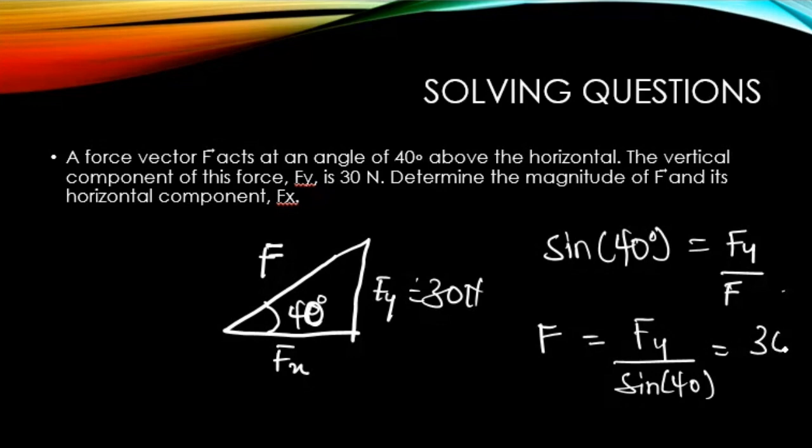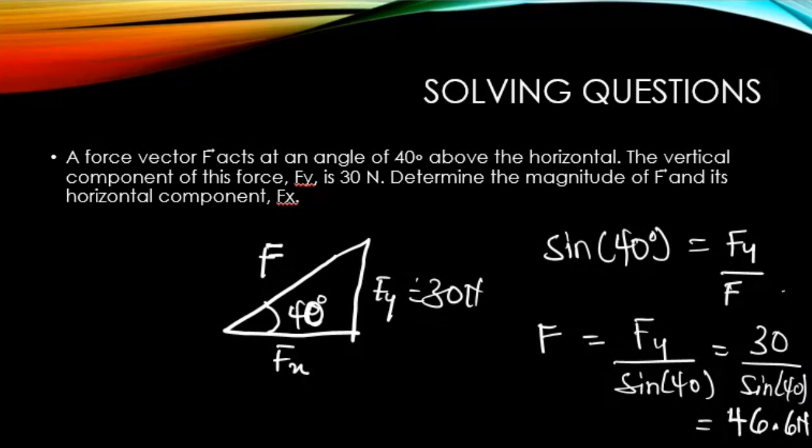Fy is 30 and the angle is 40, so we do a simple calculation, 30 over sine of 40. So our main force, or vector, is 46.6 newtons. We are asked to find the horizontal component too.